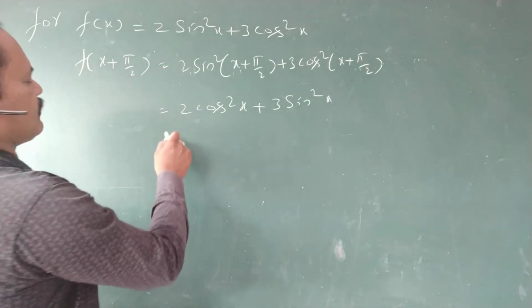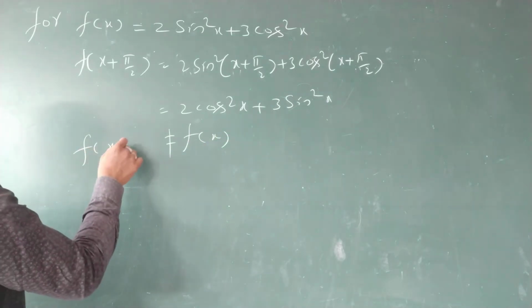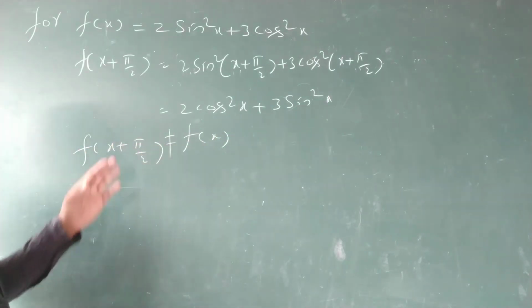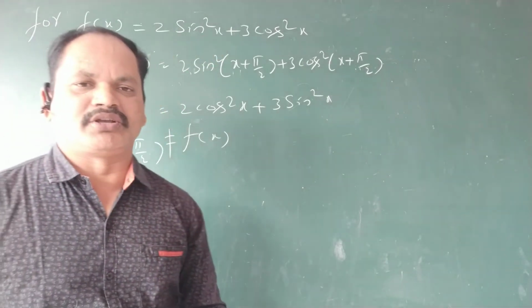So the function has changed. This is not equal to f of x. That's why pi by 2 does not satisfy f of x plus p equal to f of x.